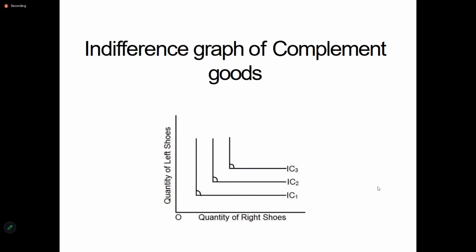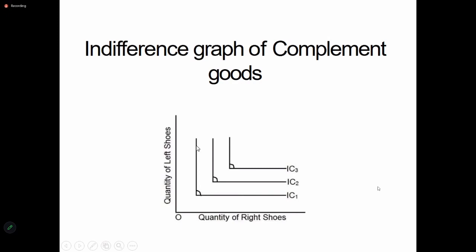Pen and ink, shoes and let's say socks. Okay, if one is reducing, the other is also reducing. So indifference curves are like this. So gradually, let's say the quantity of left shoes and the quantity of right shoes, okay, so they are going together.